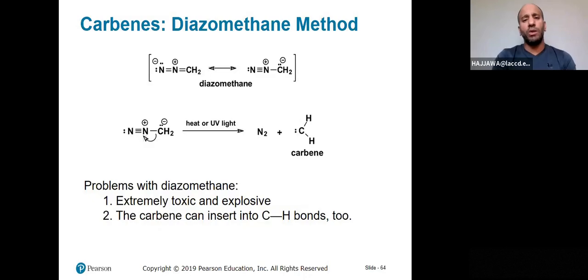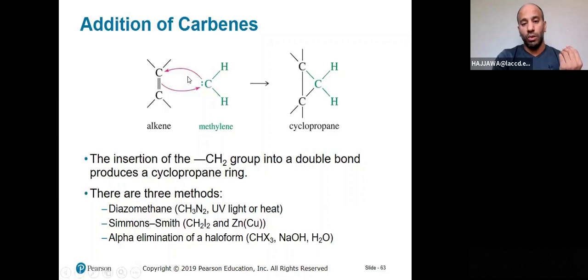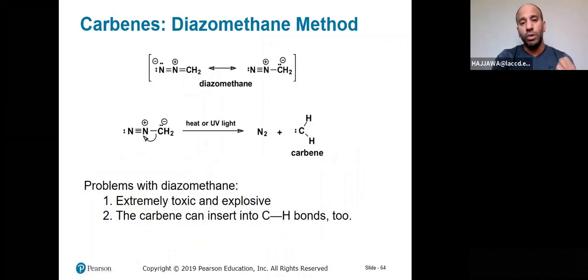So how does this diazomethane reaction occur? The diazomethane, CH2N2, has a resonance form, which is the one that's negatively charged on the carbon.